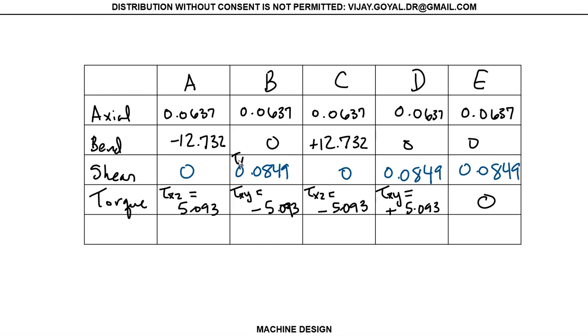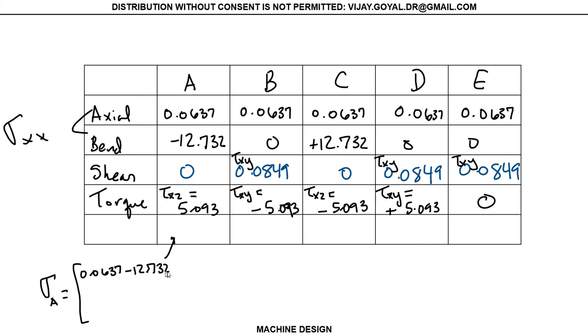This is tau xy, this is tau xy, and these obviously are sigma xx, and remember, they get added up. Now you want to build your state of stress. All you have to do is take these numbers, add them up, and build the state of stress. For instance, for this particular case, your state of stress at A would be 0.0637 minus 12.732.